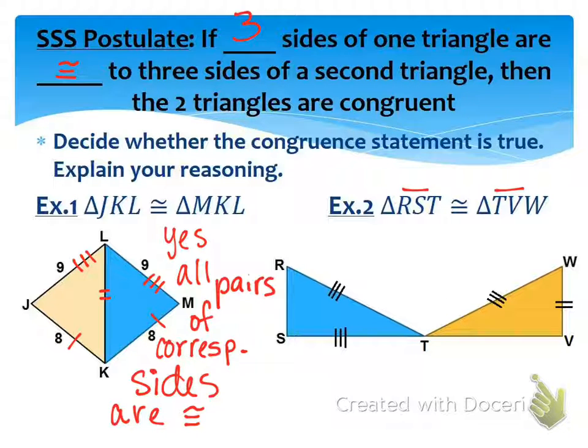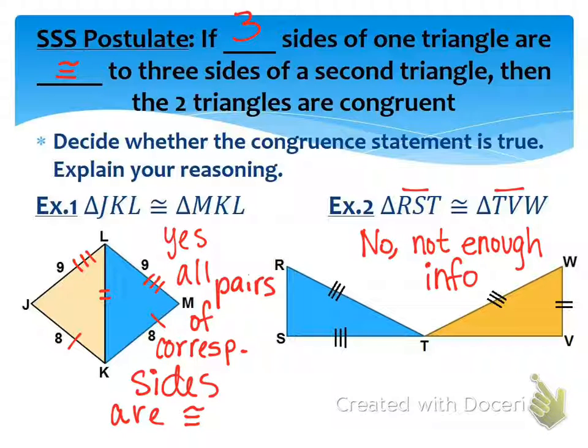So do you think we're going to be able to say that these triangles are congruent? No. So we could just say not enough information. We don't know all the sides. Something along those lines. Put big question marks by these sides. We don't know them. We cannot definitively say that those two sides are congruent.